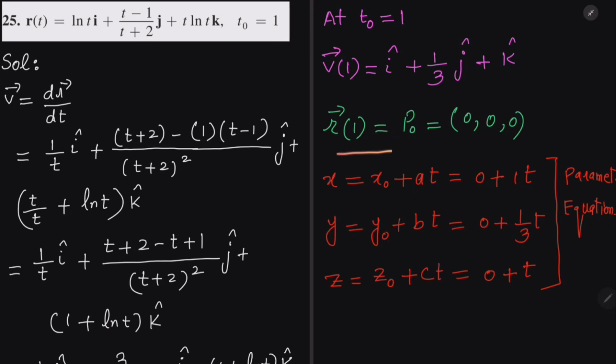We get the velocity, then p naught becomes the origin. When we put that value in, natural log of 1 is 0, 1 minus 1 is 0, and this is also natural log of 1, so the point is the origin. Then we write the parametric equation after putting these values in, along with the components of the velocity vector.